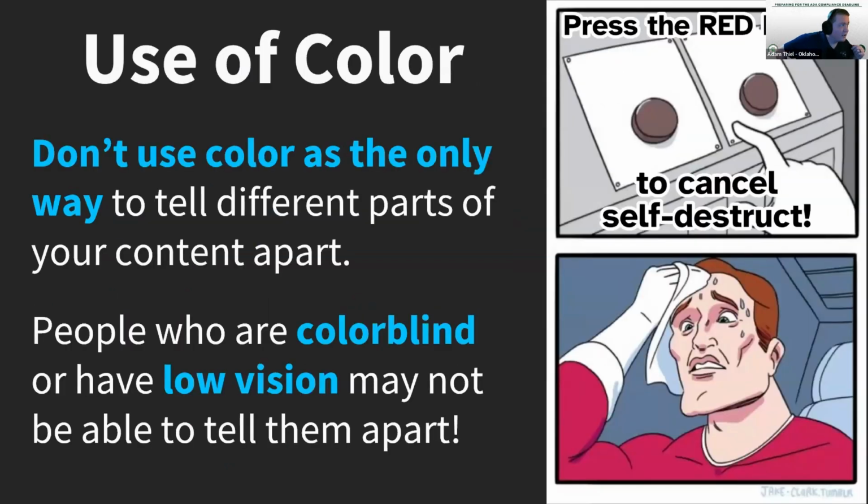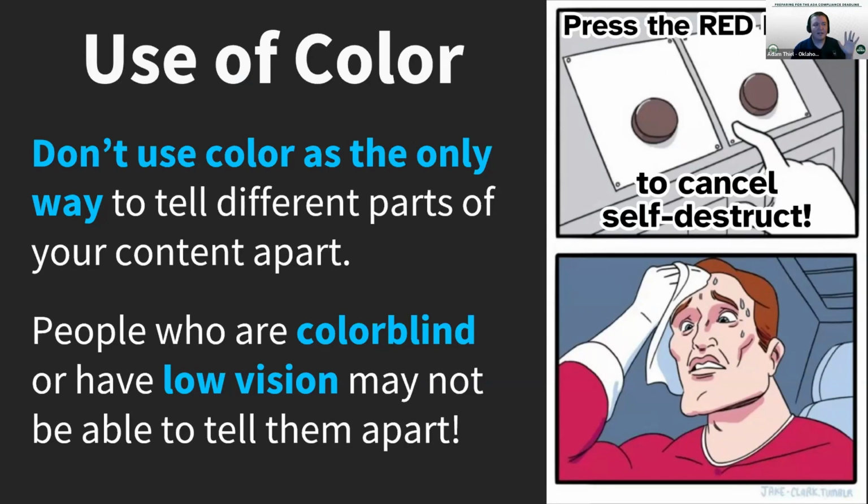Another important part of color is making sure that you're not using color as the only way to tell things apart. You can use color, but you want to use color in at least one other way. That's because if somebody's colorblind or they have low vision, they may not be able to tell it apart if color is the only thing that's different between two things. I've got just a silly example here, press the red button. The buttons are the same color.